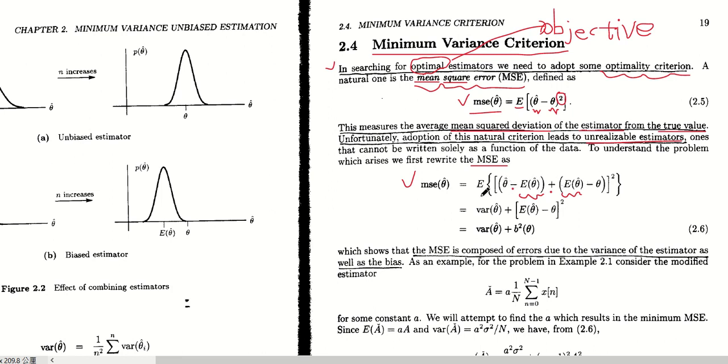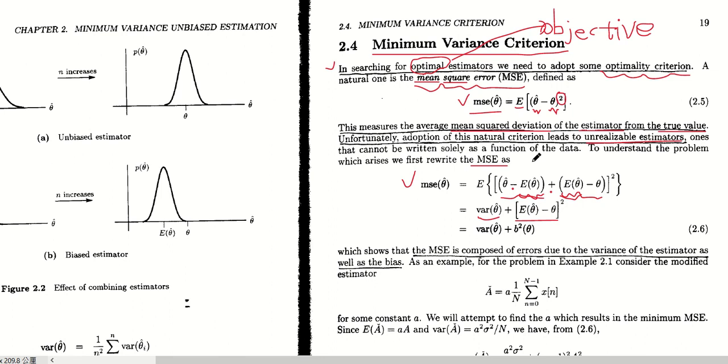So if we have the expectation of theta hat minus theta squared, then the square of this term comes to here, and theta hat minus E theta hat squared is like this.